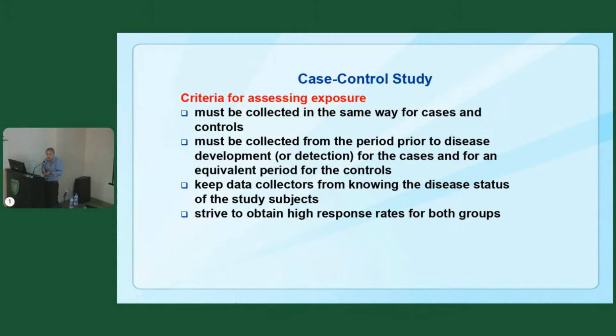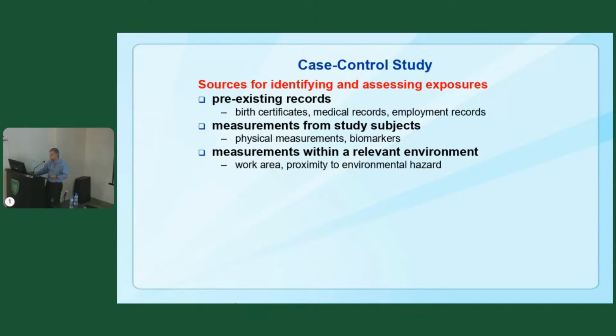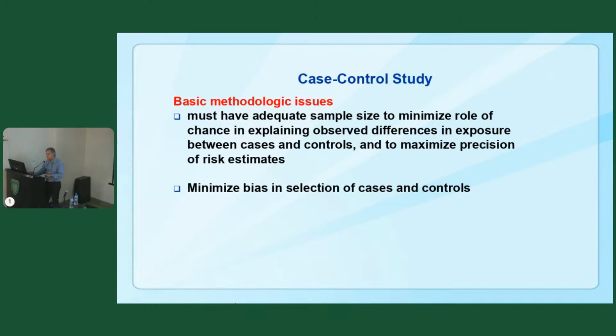You don't know what comes first. There are exceptions to that rule, but usually you don't. So you want to make sure you have incident cases and that exposure preceded the development of becoming an incident case. Sources for identifying and assessing exposure are given to you, so read about it.